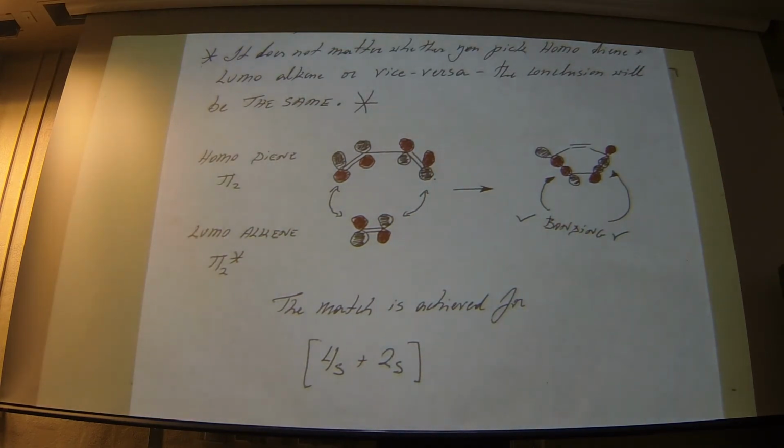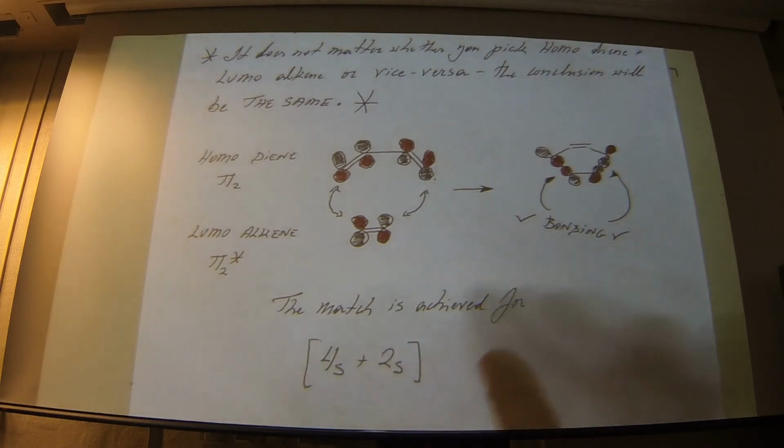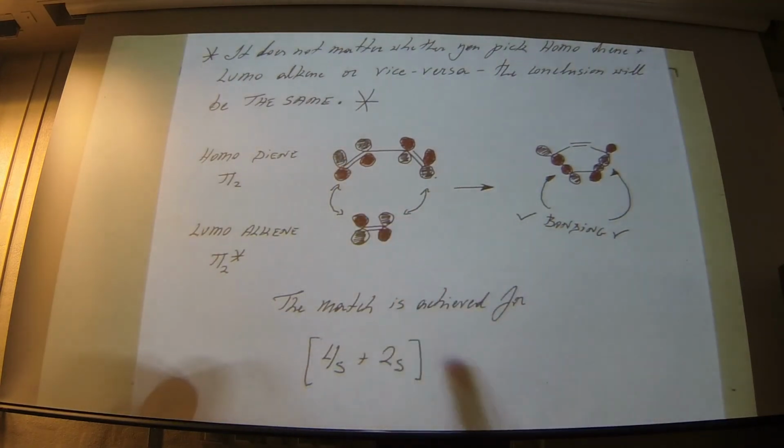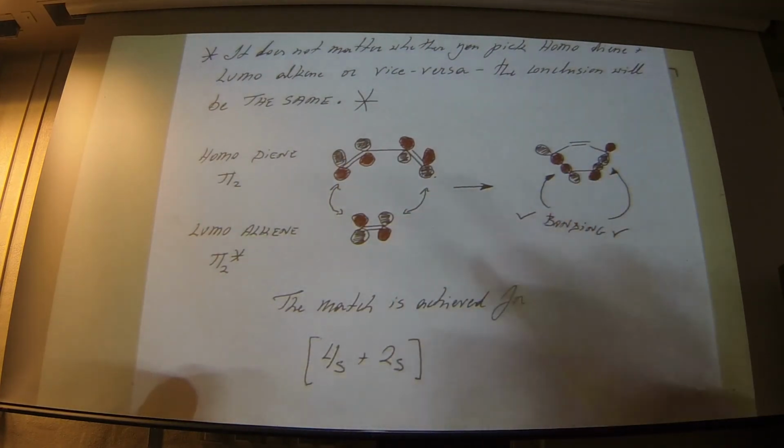There's nothing inherently wrong in terms of orbital symmetry with the 4a plus 2a, but there's something definitely wrong thermodynamically. And so with this, we're not looking at the thermodynamics, we're just looking at the kinetics. And that doesn't mean that you abandon your common sense. You recognize that the 4a, 2a has strain.